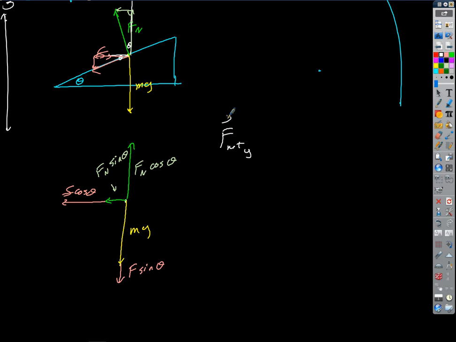F_N cosine theta minus mg minus friction times sine theta, okay? What about in the centripetal direction? F_N sine theta plus friction cosine theta.